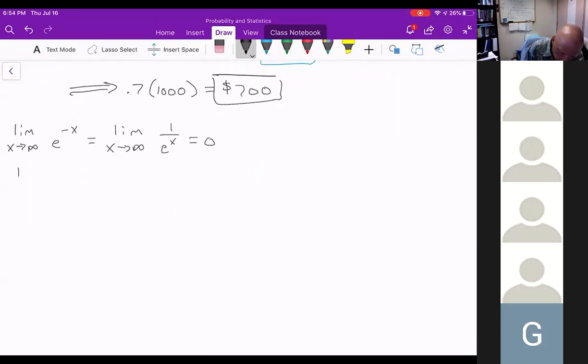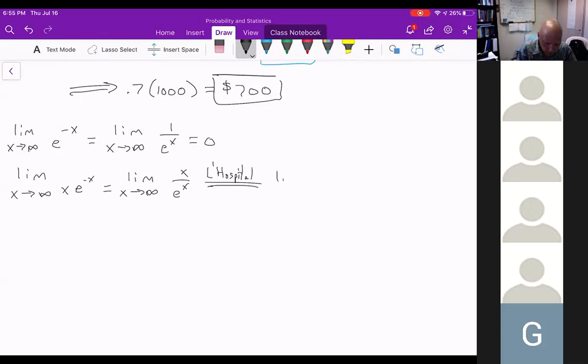You could look at just as a general form, x e to the negative x, rewrite that as the limit as x goes to infinity of x over e to the x, and then use L'Hopital's, which gives you 0. So those are your quick proofs of why the limits will be 0 for those parts.